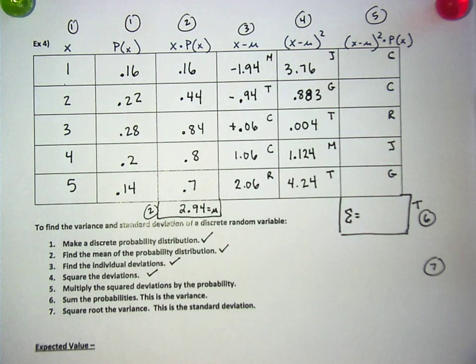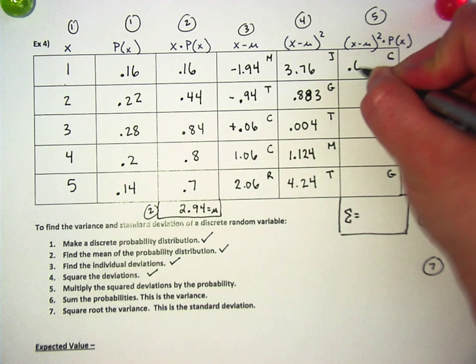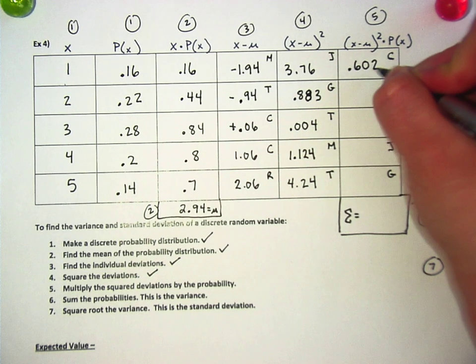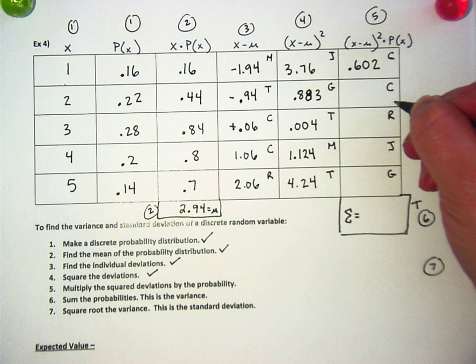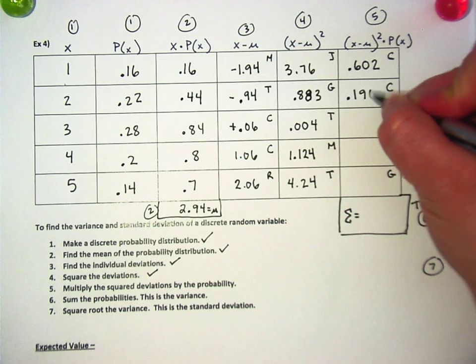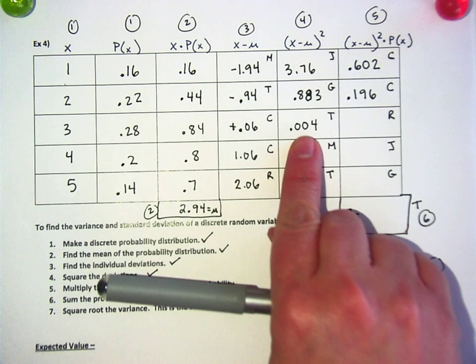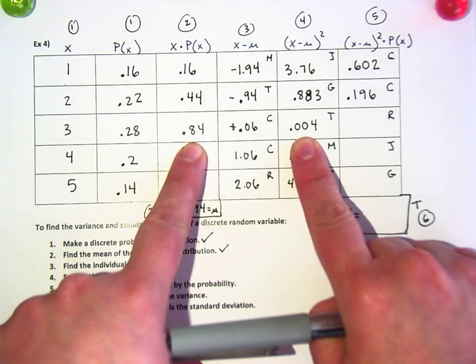Okay, all right, starting with Caitlin. 0.6016. 0.602. Carter. 0.196. Ryan. I think I did something wrong. I got 0.001. Did you take this times this?